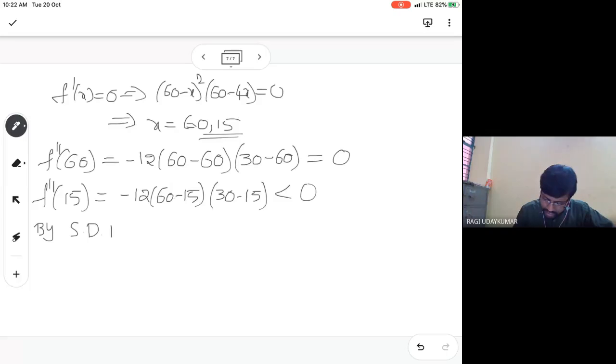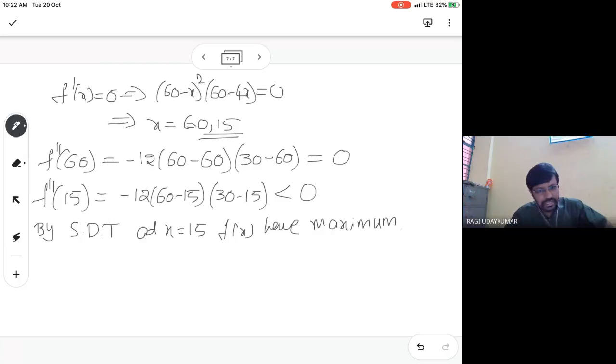by the second derivative test, at x is equal to 15, f of x has a maximum, because it is less than 0. As it is less than 0, it is going to have the maximum value. And here the question is what? We need to find the maximum value.